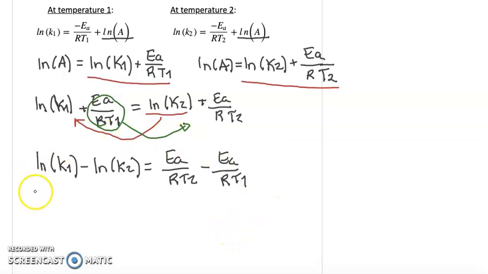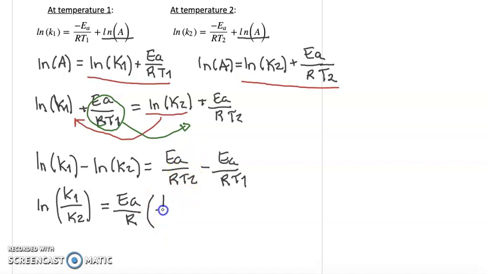So this is now our equation. We apply the logarithmic rules, which say that ln of something minus ln of another thing will be ln of the first one divided by the second one. This is equal to, so we see that in common we have activation energy and gas constant. So we put them outside a parenthesis, and we are left with 1 over T2 minus 1 over T1.